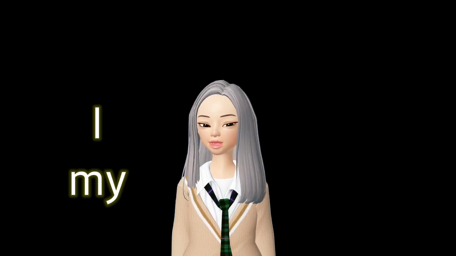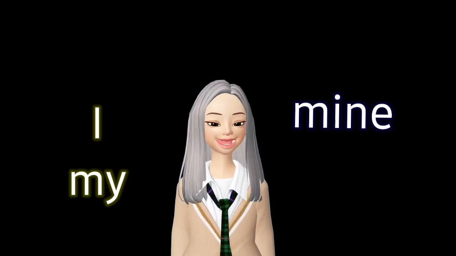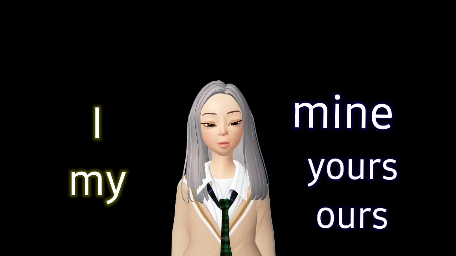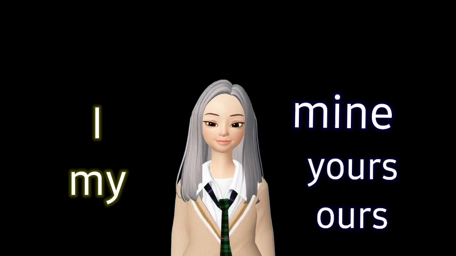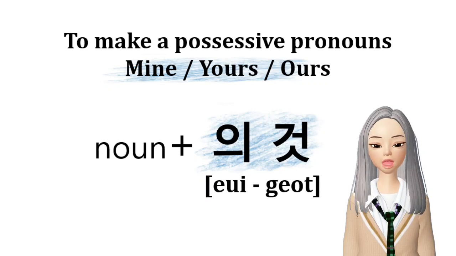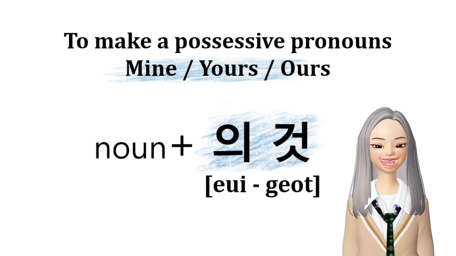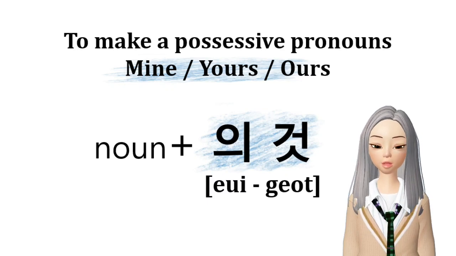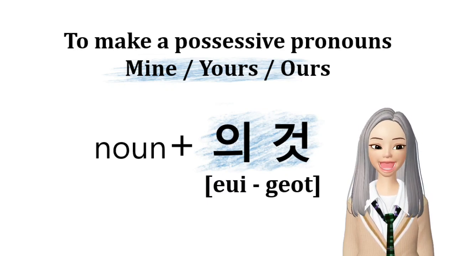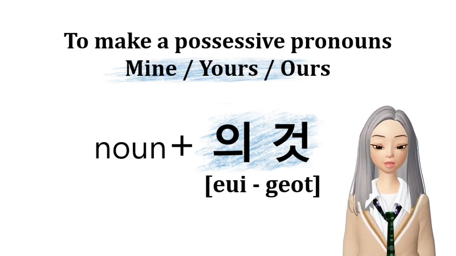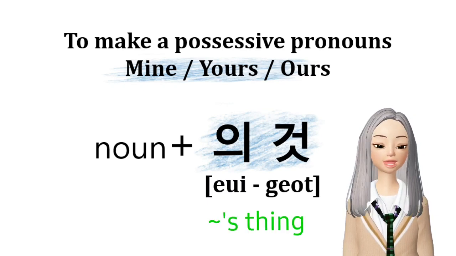We covered I and my. In English, there is also mine, right? So let's see how to make that. Mine, yours, and ours. So basically, mine is short form of my thing in Korean. So you put 의 and 것 behind the noun, which literally means somebody's thing.